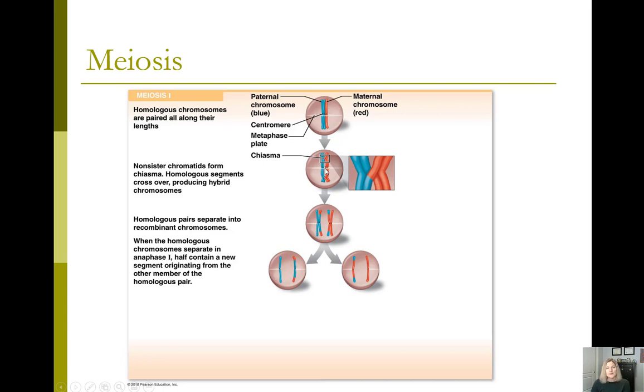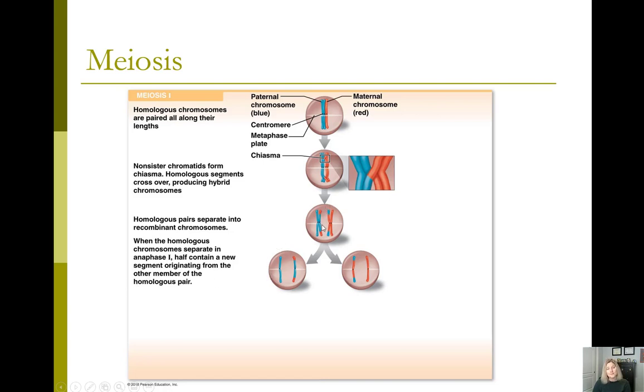During prophase part 1, that pair, since they're so close together, they're intertwining, and so you can end up with something called crossing over, where a little piece of one of the sister chromatids breaks off and attaches to another. And so they're recombined. We actually call these recombinant chromosomes.